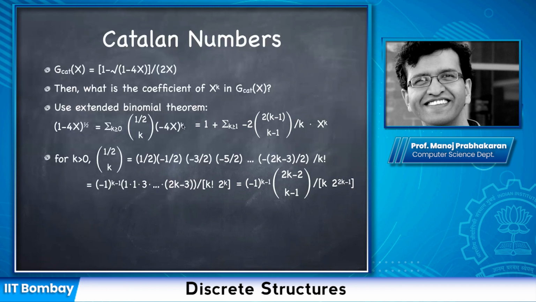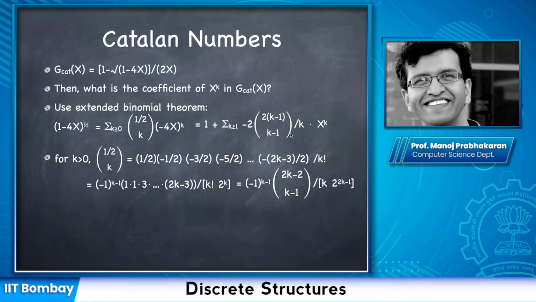So minus 1 to the power k here, and minus 1 to the power k minus 1 here leaves you with a minus 1. So there's a minus, and this is 4 to the power k. In the denominator, we do have 4 to the power k divided by 2, so we are missing a factor 2 in the denominator, so that shows up as a factor 2 in the numerator. And there's this divided by k.